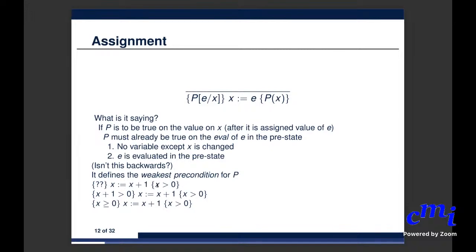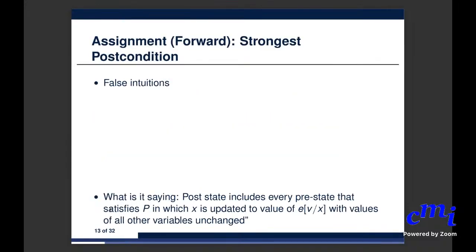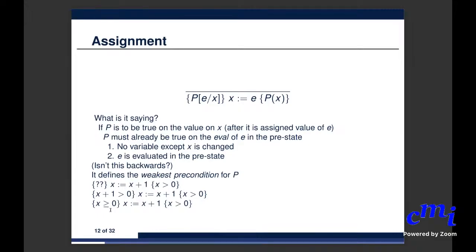If your postcondition is the formula X greater than 0, then in order to get the weakest precondition, all you need to do is replace every occurrence of X in this formula with the expression X plus 1. You can construct that, and that will be the weakest precondition: X plus 1 is greater than 0, which is equivalent to saying X is greater than or equal to 0. Okay. Clear? Any questions?